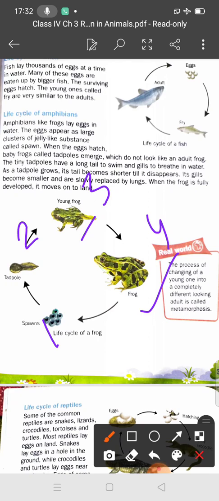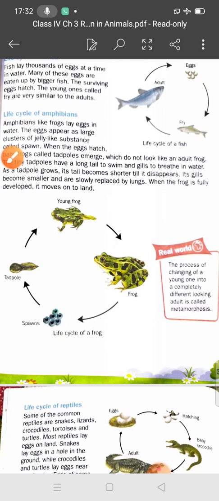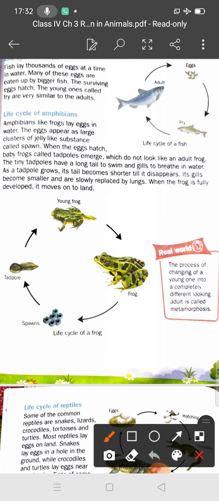So there is a process when the tiny tadpole changes into the adult frog. You can see this in the life cycle. When the tadpole converts into the young one, this process is called metamorphosis.